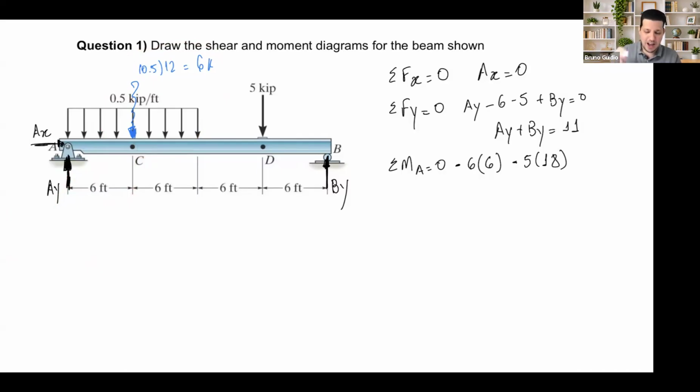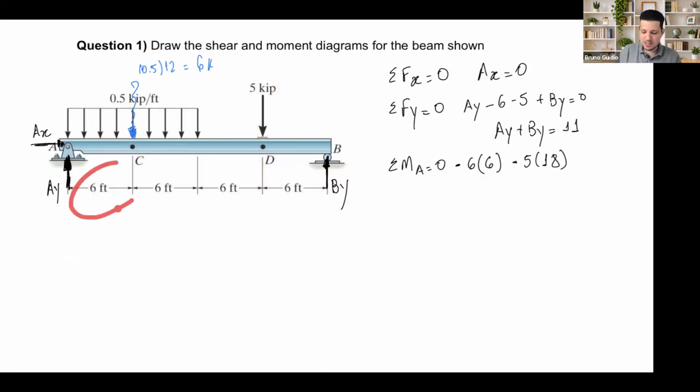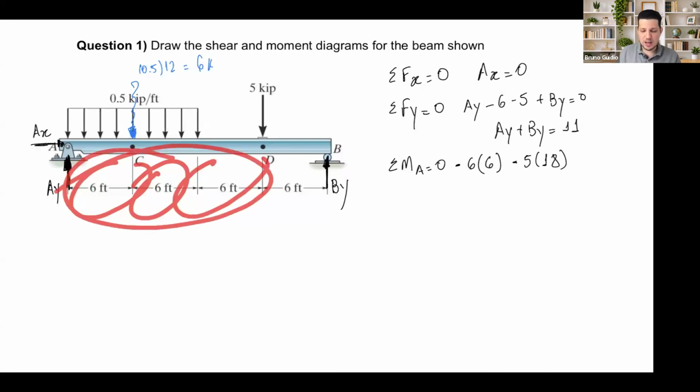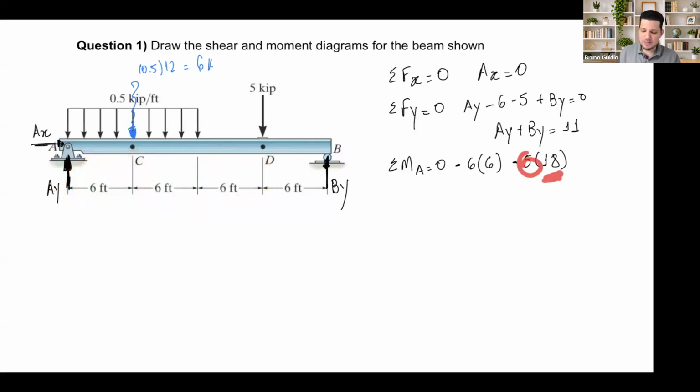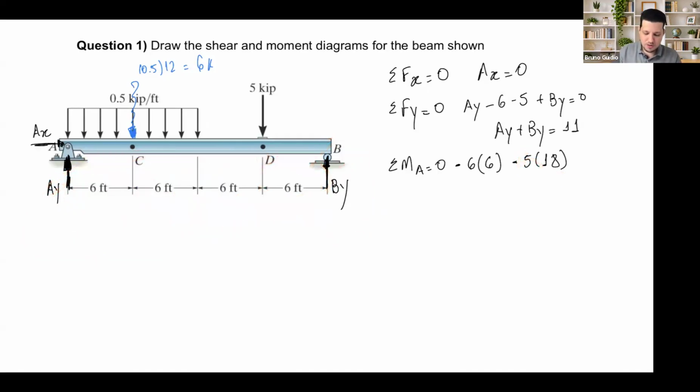The -5 again is not because it's going down; this -5 is because the rotation here is going to be clockwise. 6, 6, 6, 3 times 6, 18, 5 times 18. And then BY times 18 plus 6, which is 24. So I have plus BY times 24 equals 0. That's my calculation here; please make sure to double check.